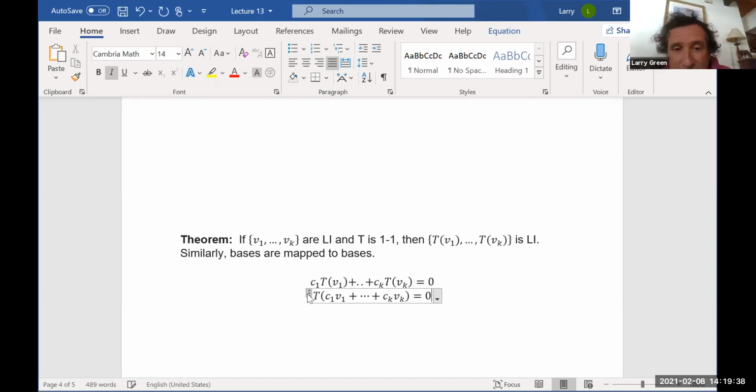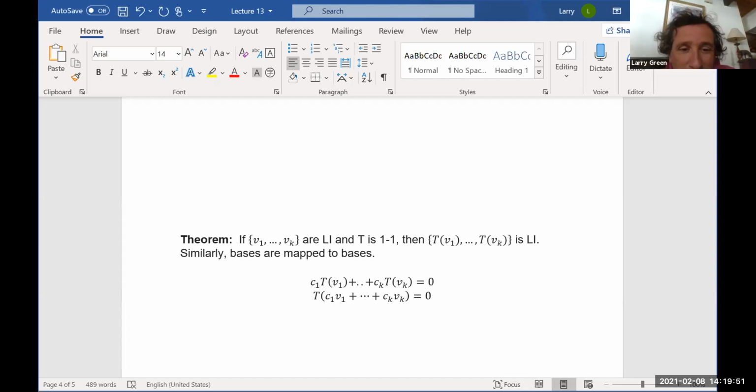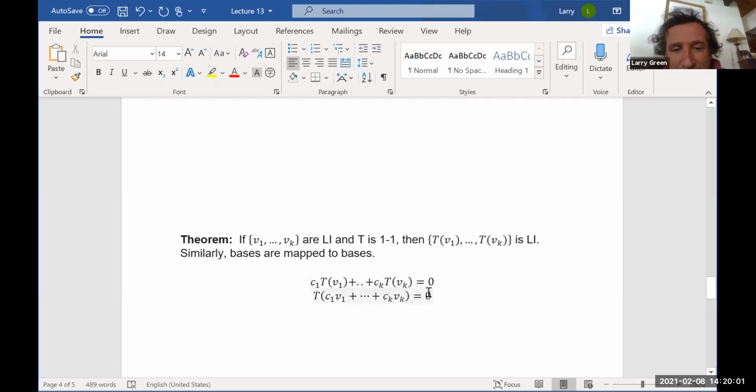equals 0. Any questions on that so far? All right, what haven't I used yet? 1-to-1. If I have T of something is 0, what do I know about the something? It must be 0. So now I know that the something must be 0.